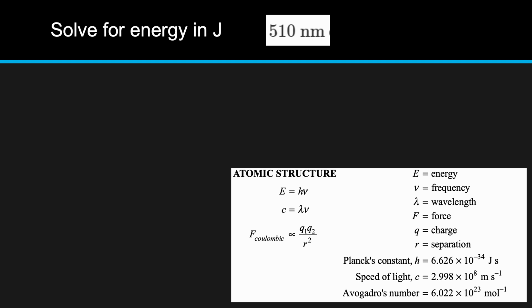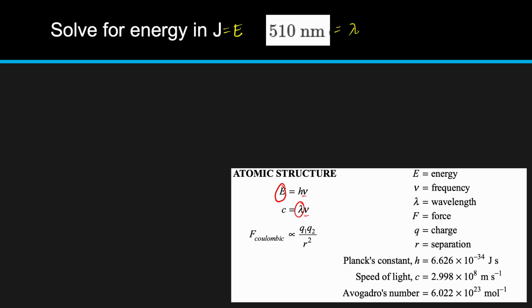All right, this one says solve for energy in joules, and we're given 510 nanometers, which is our wavelength. So we are solving for energy, and we are given lambda, or wavelength. Looking at our reference sheet with these variables, we know we're solving for E, and we know we have lambda, and in both of these equations we have frequency.